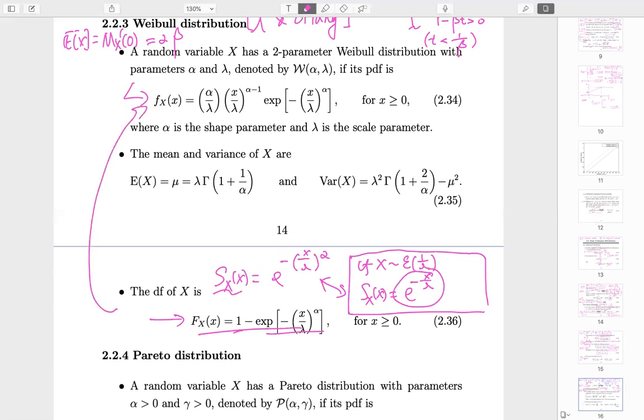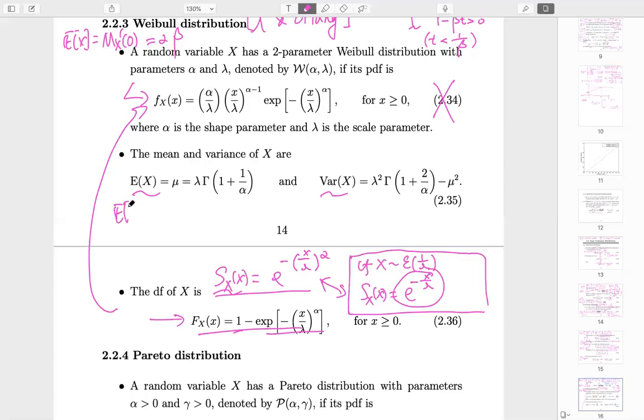So I wouldn't recommend you memorize the PDF. If you really need to memorize, try the survival function, from which you can easily go backwards to get the PDF. For the same reason, I ask you to do the proof for expected value and variance. It's actually not terribly difficult, well, it's not easy either.